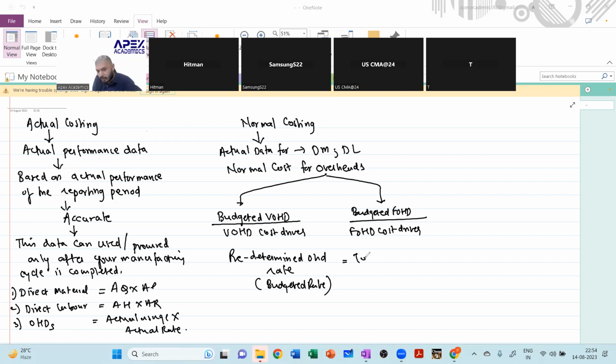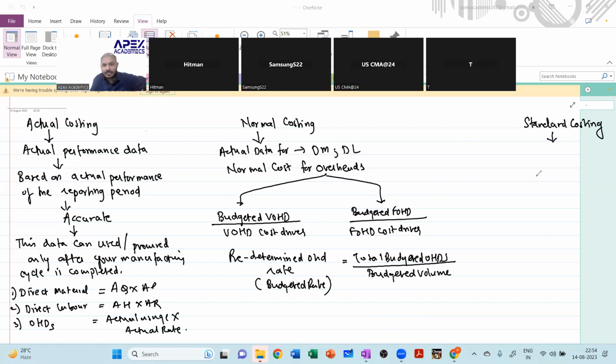So this will be total budgeted overheads divided by budgeted volume of activity. Then I take into consideration standard costing.